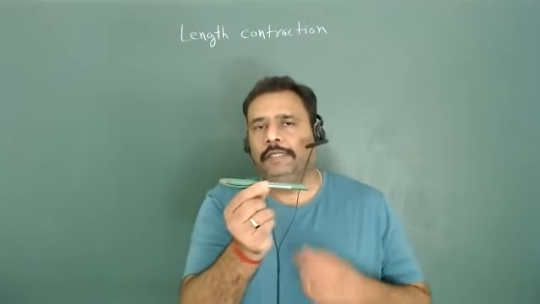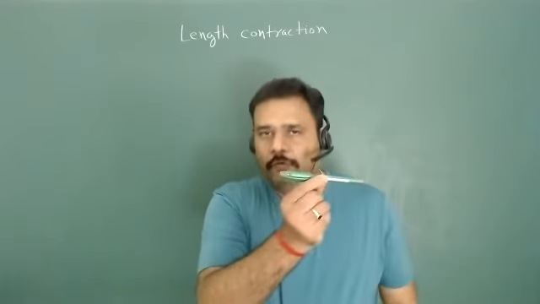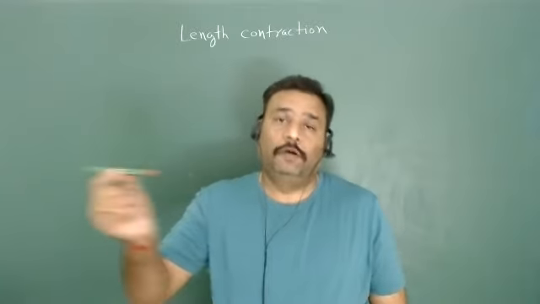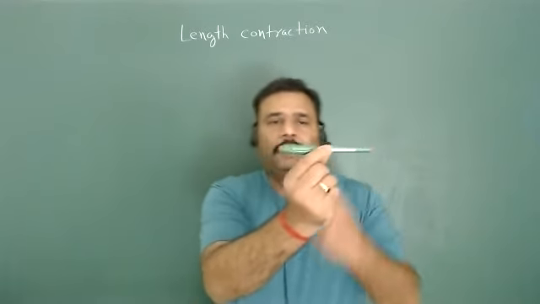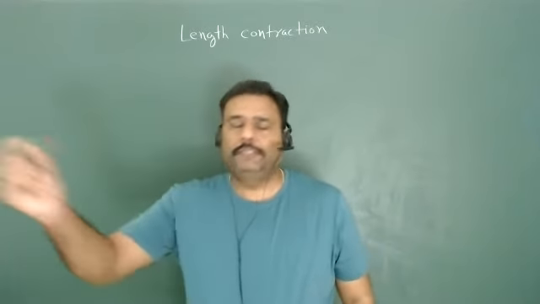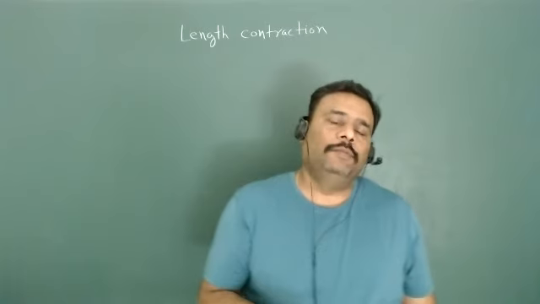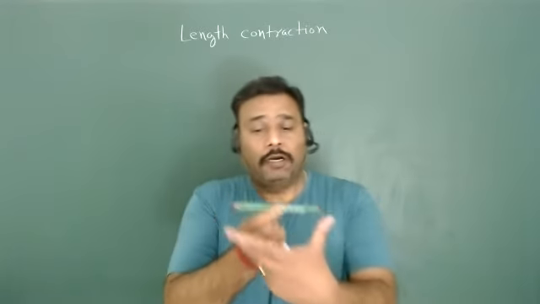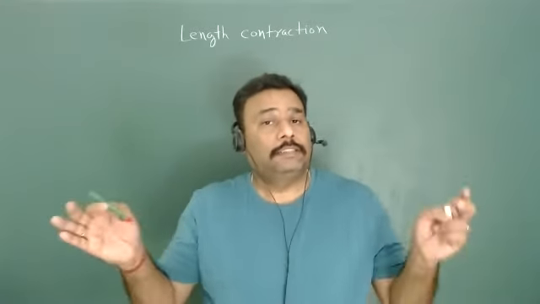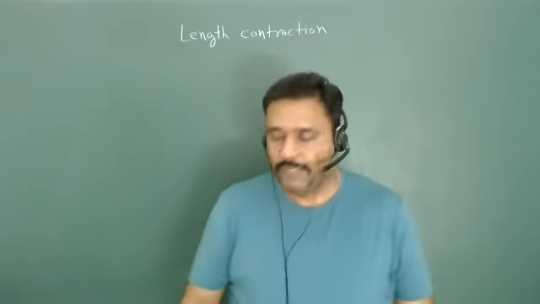And if this rod is moving with respect to the observer, suppose I am the observer, then I will measure not the same length, but some contracted length.